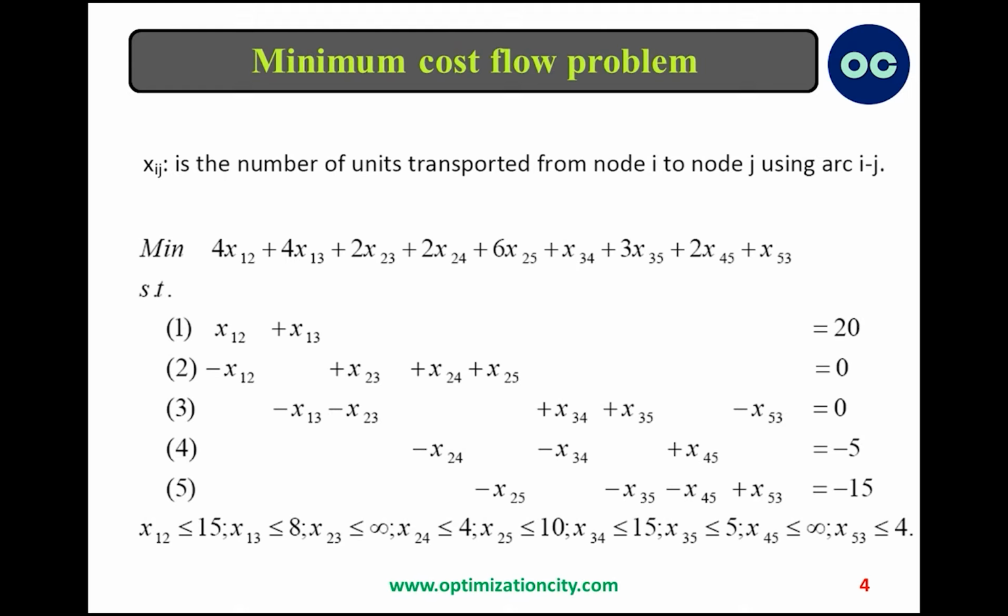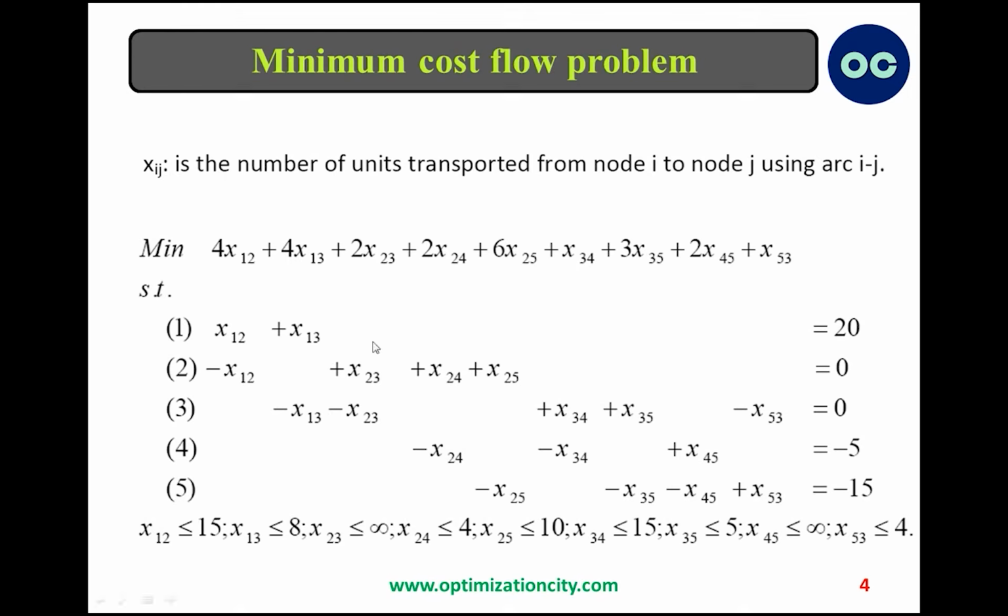Now let's present the linear programming model for the minimum cost flow problem. So equations 1 to 5 represent the flow balance equations in the network. Let's consider the balance equation at node 1 as an example.